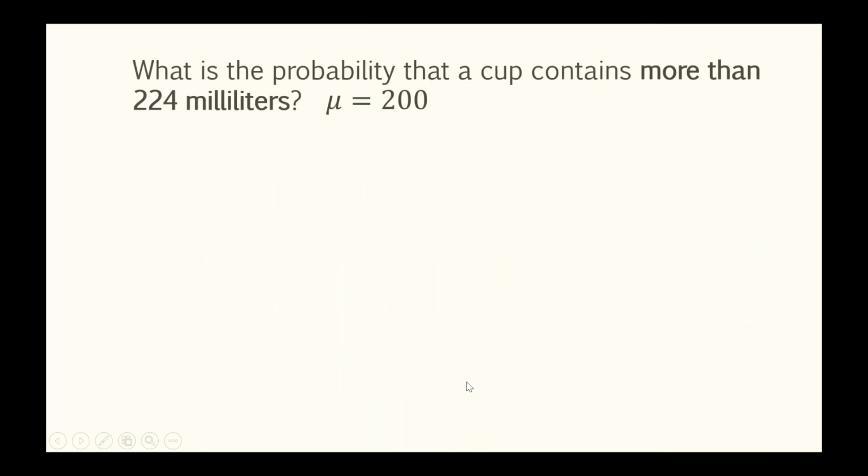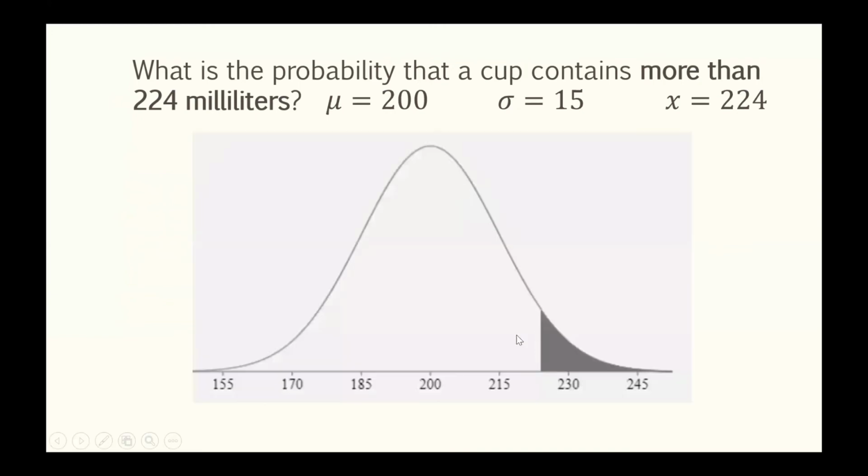The mean is 200 milliliters per cup. The standard deviation is 15. And the raw score that can be found in the question, we have 224 milliliters. If we're going to draw the normal curve of this, that would be like this.